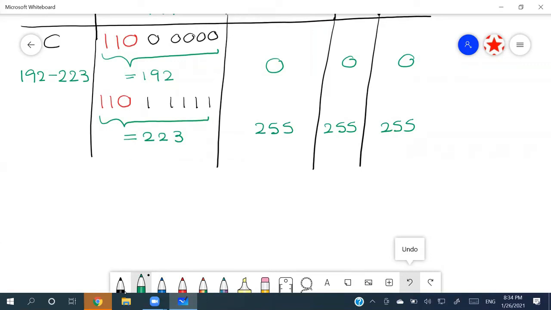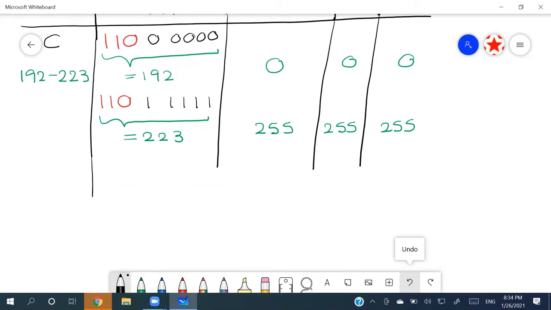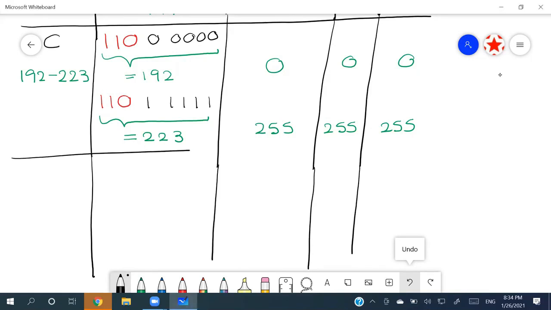When it comes to class D, it has 4 leading bits, 1110.